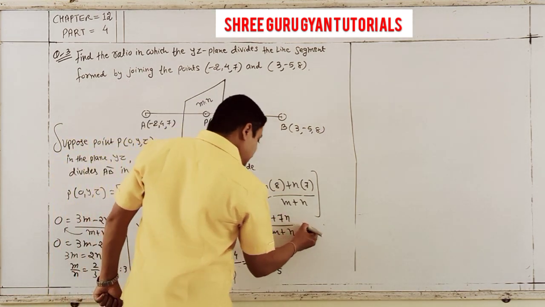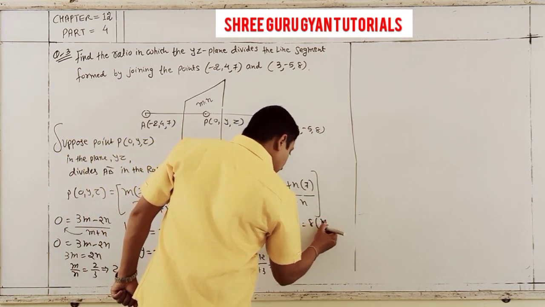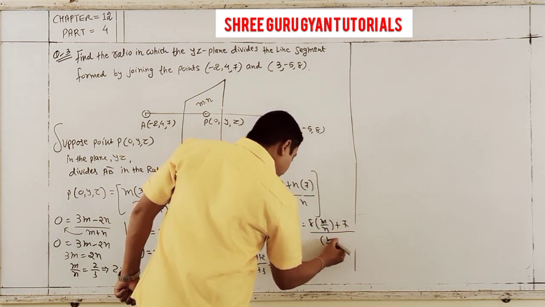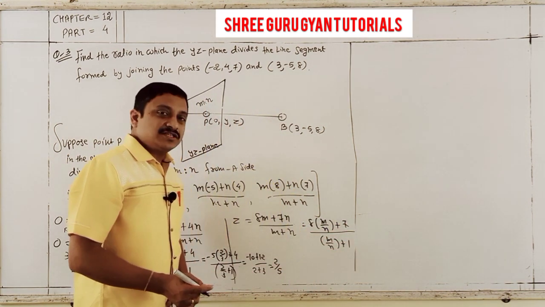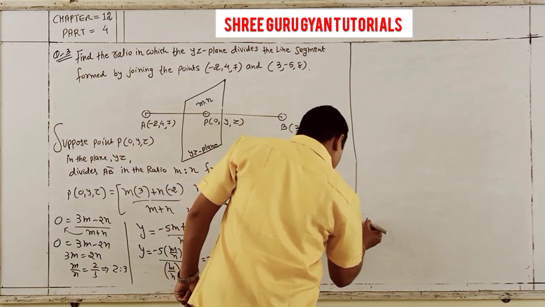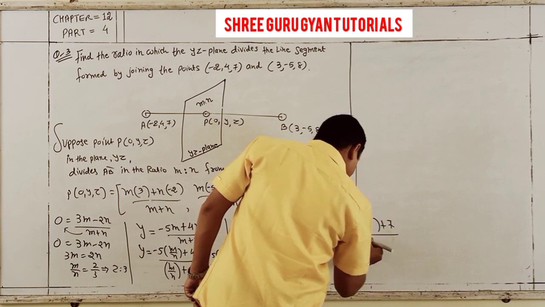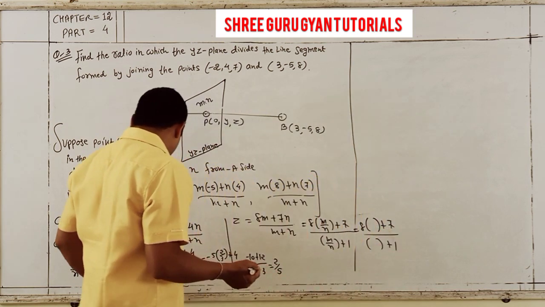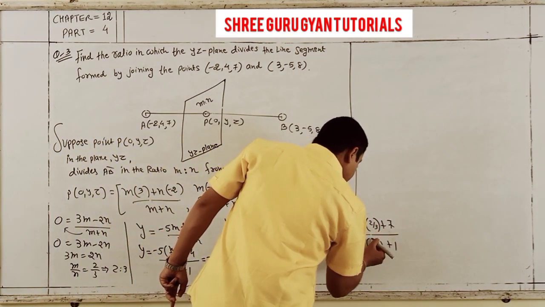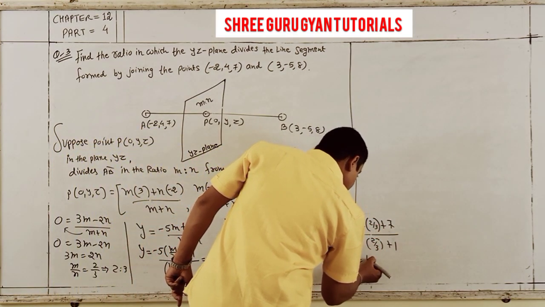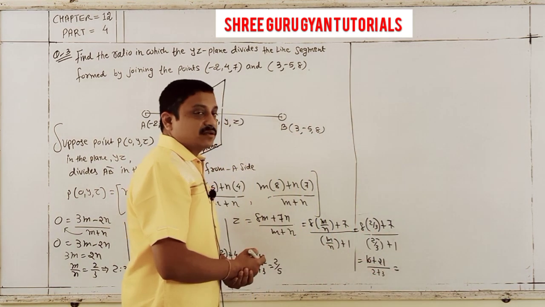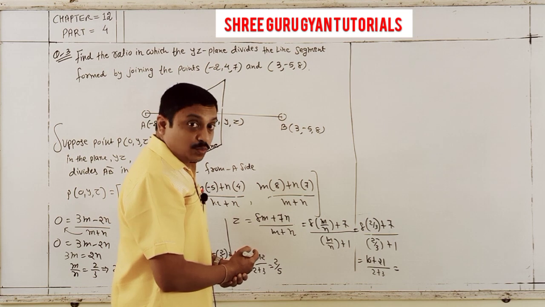Similarly z: 8 times 2:3 plus 7, which gives 16 plus 21 upon 2 plus 3.